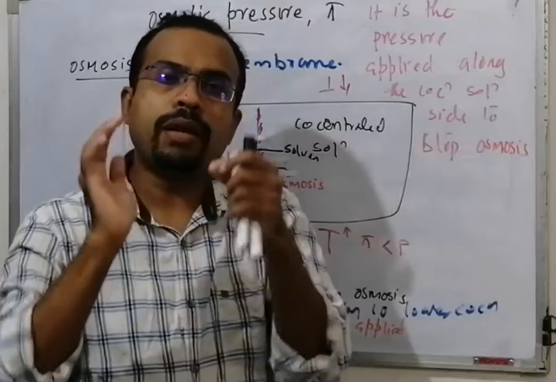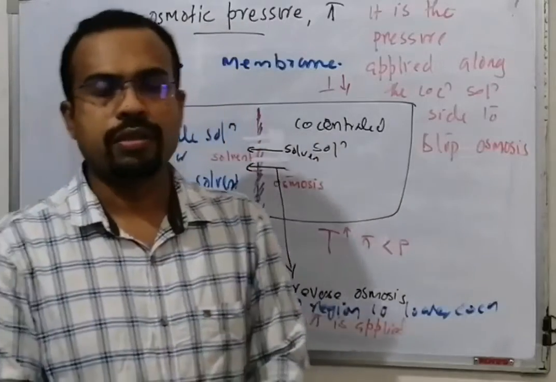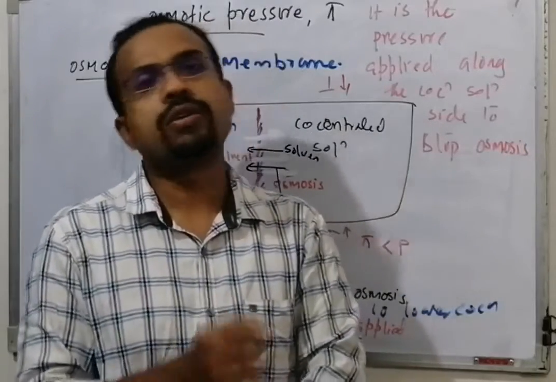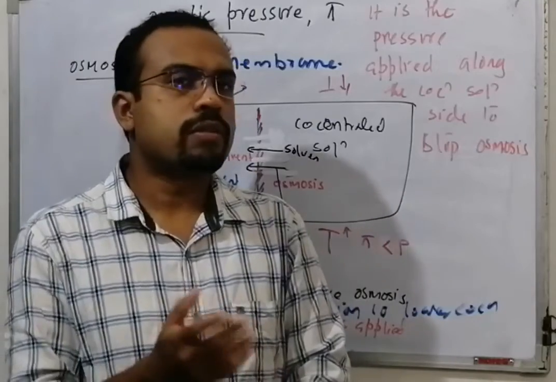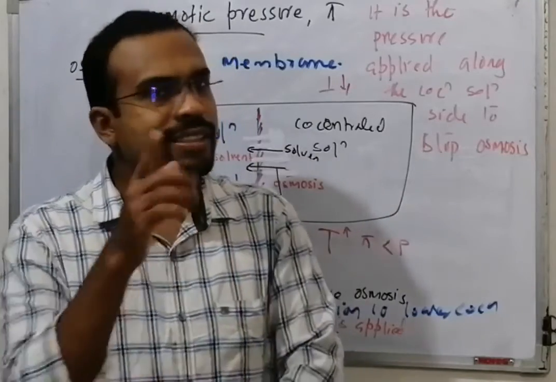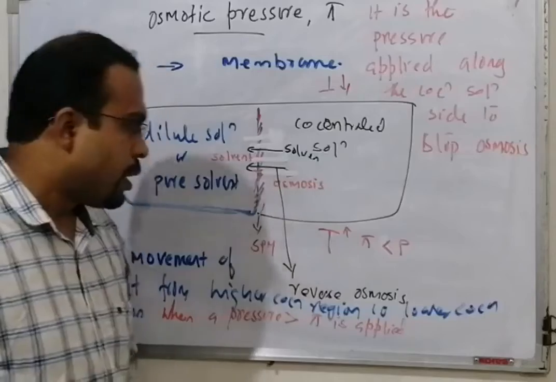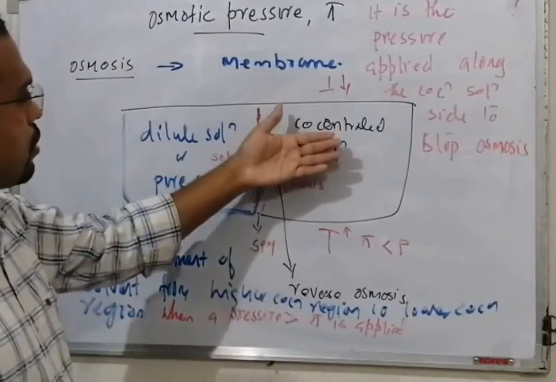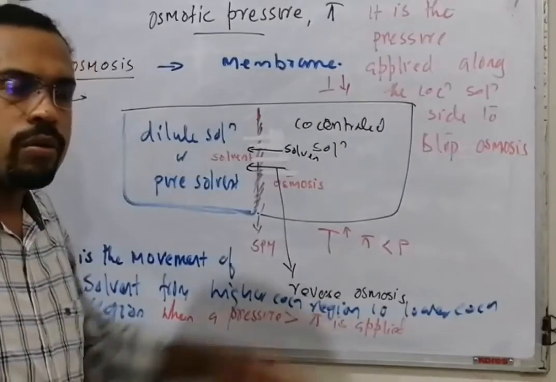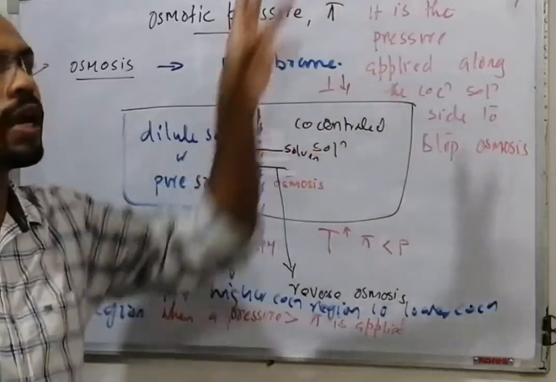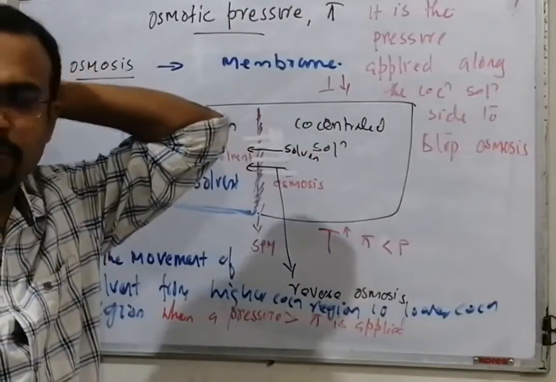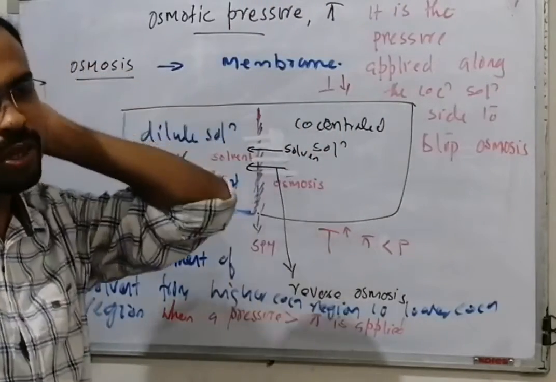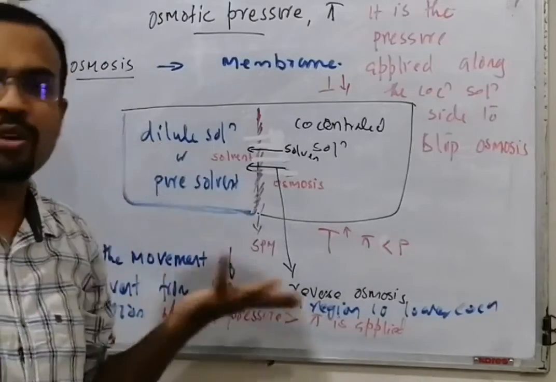Pressure is applied in terms of electrical pressure, and there is a semi-permeable membrane also. Suppose in a water purifier, you are connected to the tank water. You will say that tank water is pure, but still it is a solution. A lot of things are dissolved.